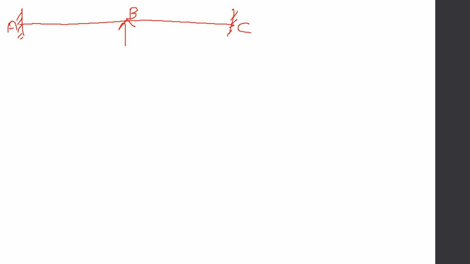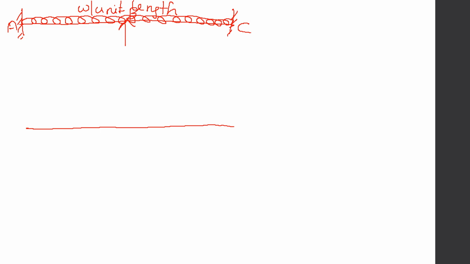So let us assume that the continuous beam is subjected to a UDL. The intensity of this UDL is W0 per unit length.